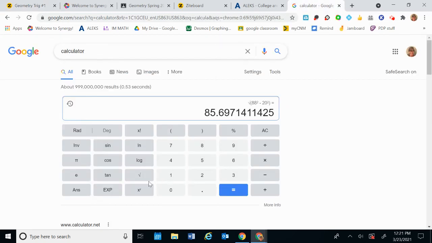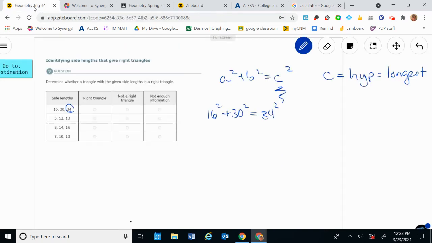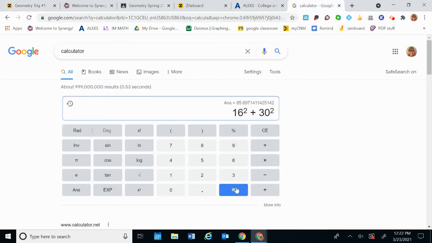Okay, so here's my trick. 16 squared plus 30 squared. Is that right? 16 and 30? Yeah. And we want to know if it equals 34 squared, right? Oh, no, it's not 85. It's 1,156. Now take the square root.